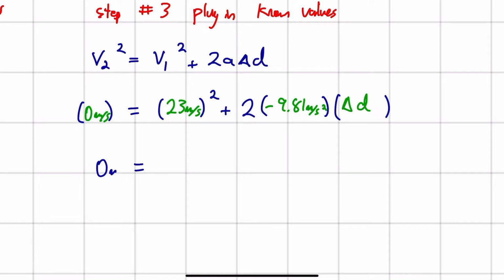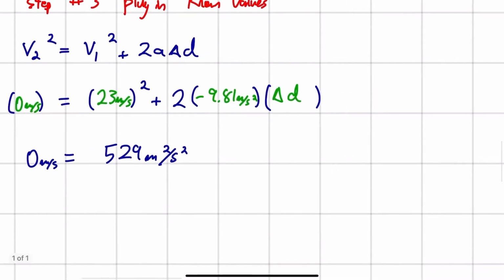So 0 meters per second equals 529 meters squared per second squared minus 18.62 meters per second squared.